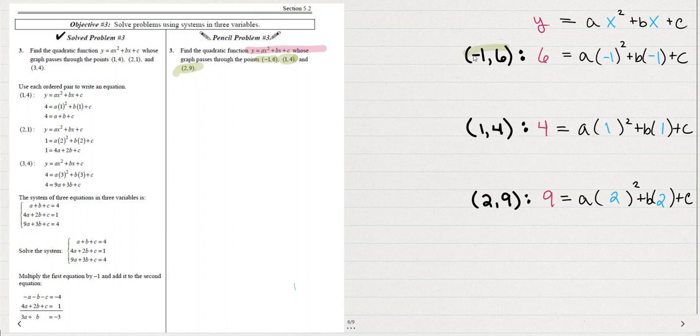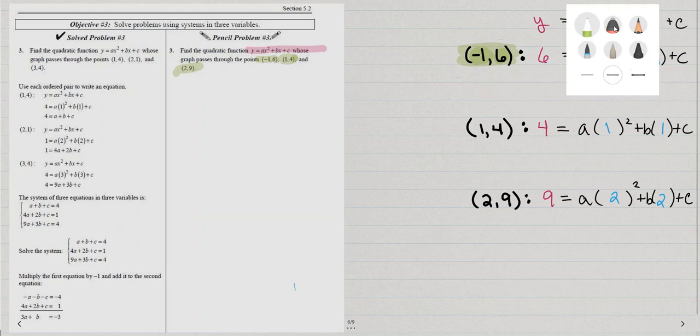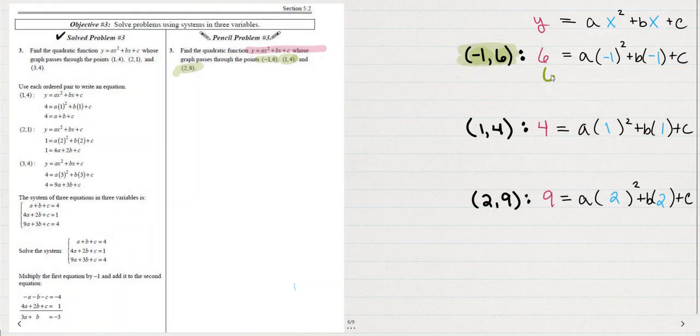So here's the point (-1, 6), and I'm going to replace x with negative 1 and y with 6, and I'd have 6 equals a times negative 1 squared plus b times negative 1 plus c, and that'll give me the equation 6 equals a minus b plus c.